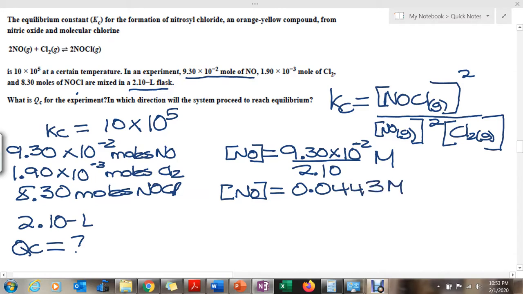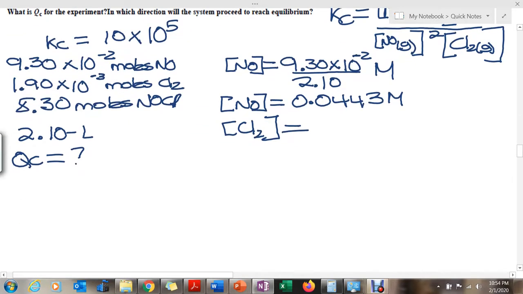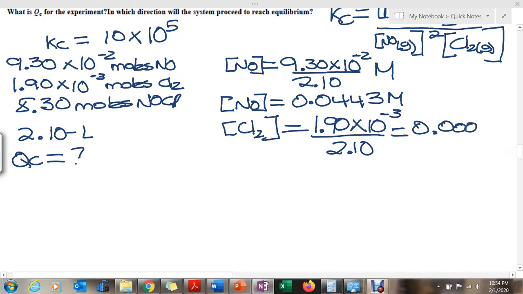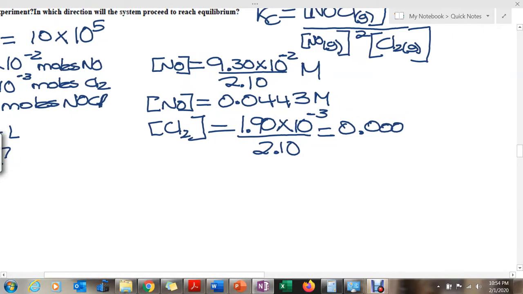Now the concentration of Cl2 gas would be 1.90 times 10 to the negative 3 moles over 2.10 liters, the volume of the container, and it gives me 0.000905 molar.